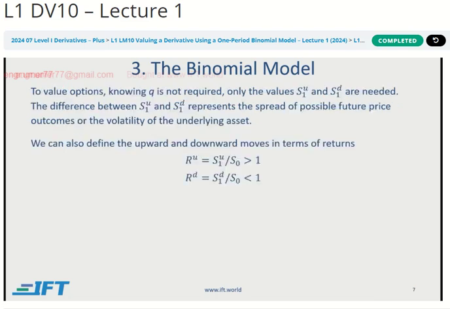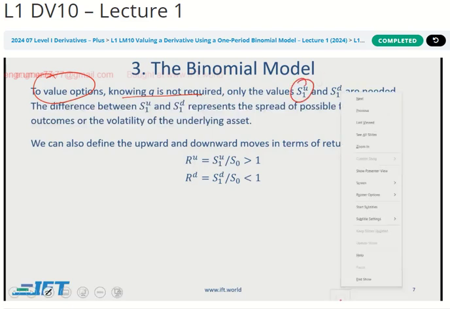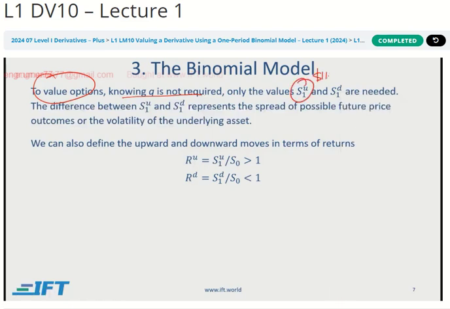Next, as far as valuing the options is concerned, we don't need to know the probability of going up or down. All we need to know is if it goes up, what will be the price, if it goes down, what will be the price, and what is the current price. So if, for example, the current price is 80, and if it goes up, it will go to 110.